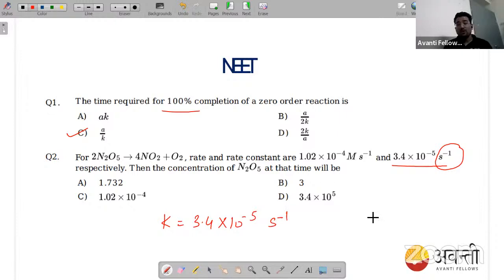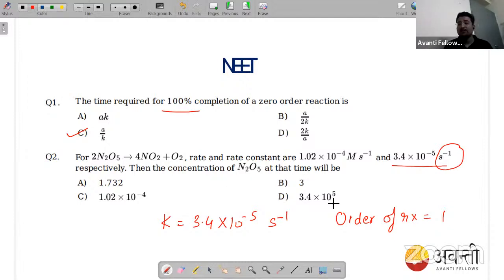So what will be the order of reaction? Anyone can answer this question? Very simple question. You have to give the order of this reaction. Okay, cool. So we know that its rate constant unit is second inverse, so definitely it will be a first order reaction. Is that clear?